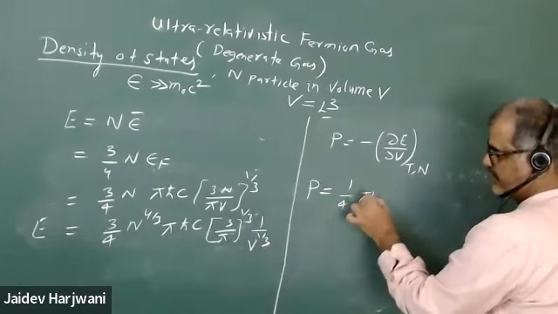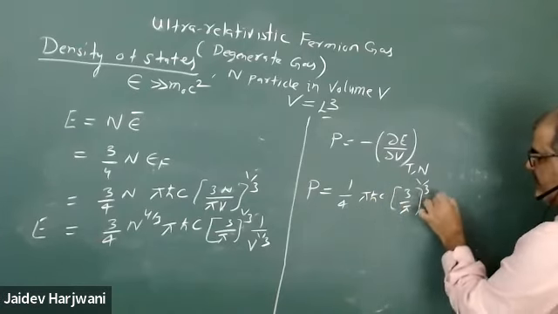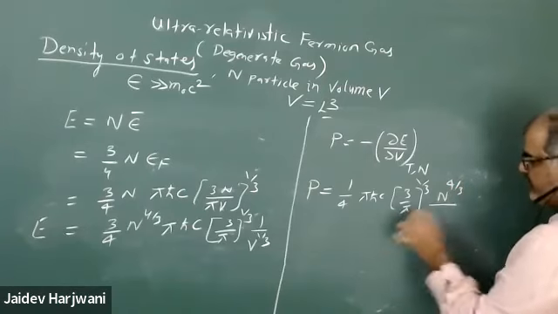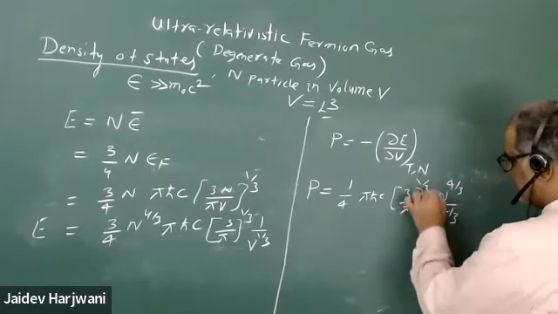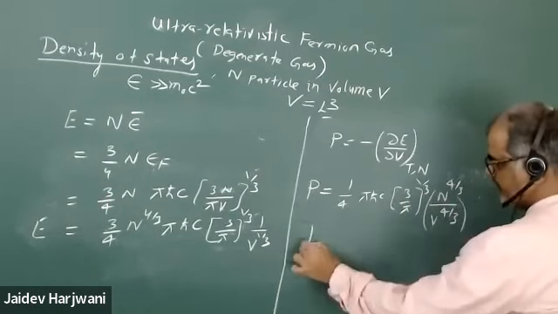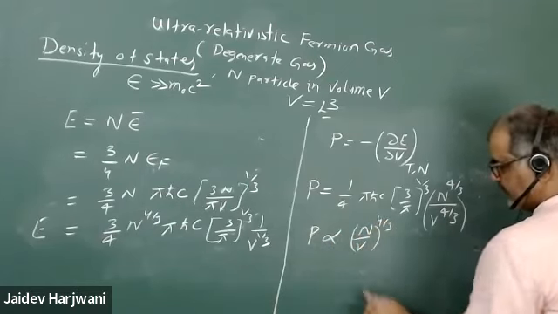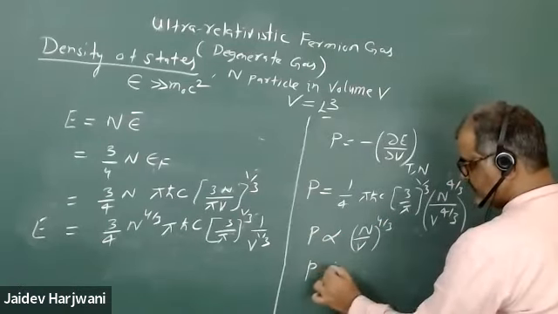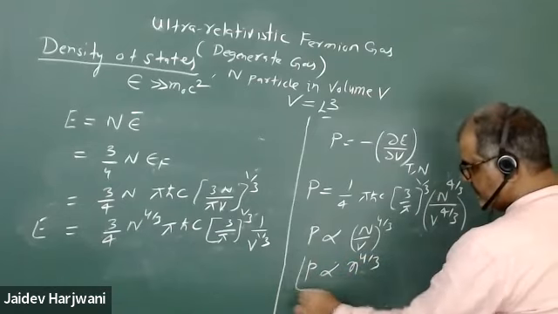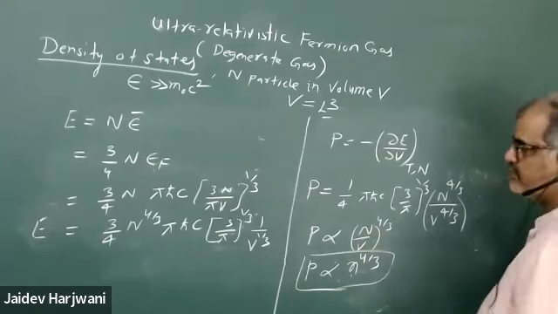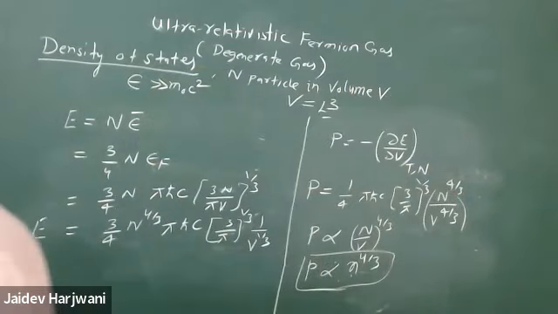Pi h cut c, these are all constant. I don't need these constants, and this becomes n to the power 4/3 and V to the power 4/3. So my pressure is this, and n upon V is the density. I can write pressure is proportional to number density power 4/3, or you can write rho also. Some books write rho also. So this is the pressure of the gas.